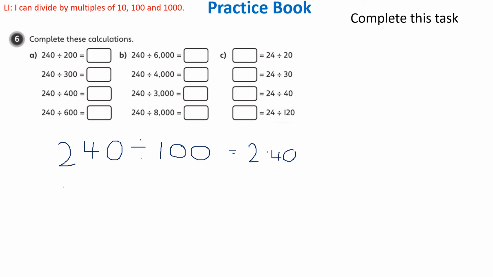And then I divide that answer by 2 because I need to find out 200, which would be 1.20. And you can do the same for the other calculations. Divide by 100 or 1,000 or 10 first and then divide by the other number.